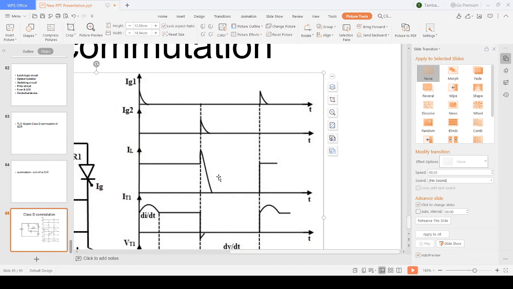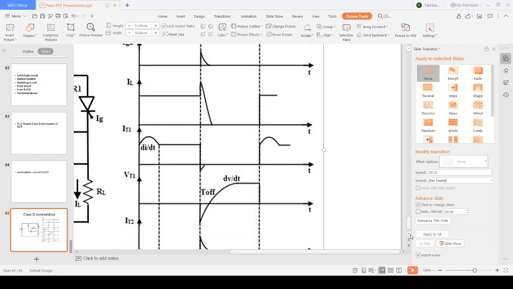It means no current flows through the load, because Ig2 will turn off the first SCR and the load current becomes 0. This is one cycle, from this point up to this point. This cycle will repeat itself after a regular interval.